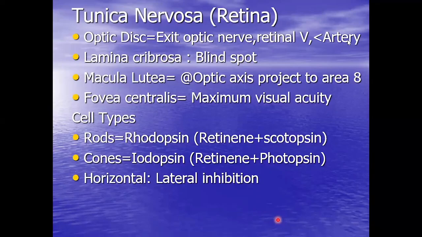Then we have the horizontal cells. Horizontal cells are interneurons. They connect different parts. They connect the rods and cones, the synapse of rods and cones, and also bipolar cells.